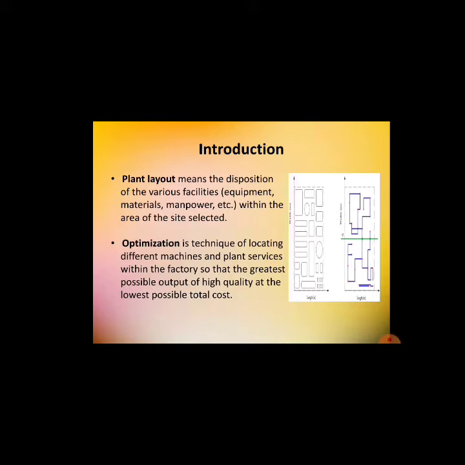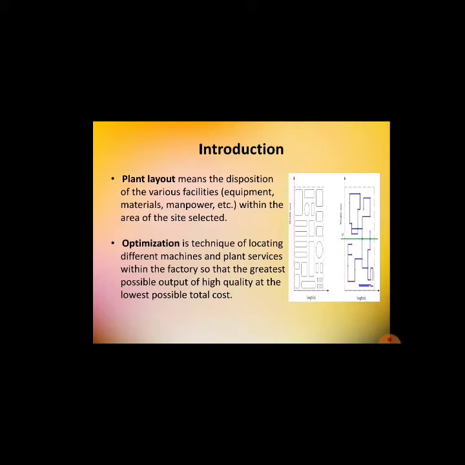Fifty to sixty years ago, whenever any industry was built, they would keep the machines or equipment according to their function. They would not consider the distance between them, or how they could overcome the distance or the place at which the machine or equipment is kept.